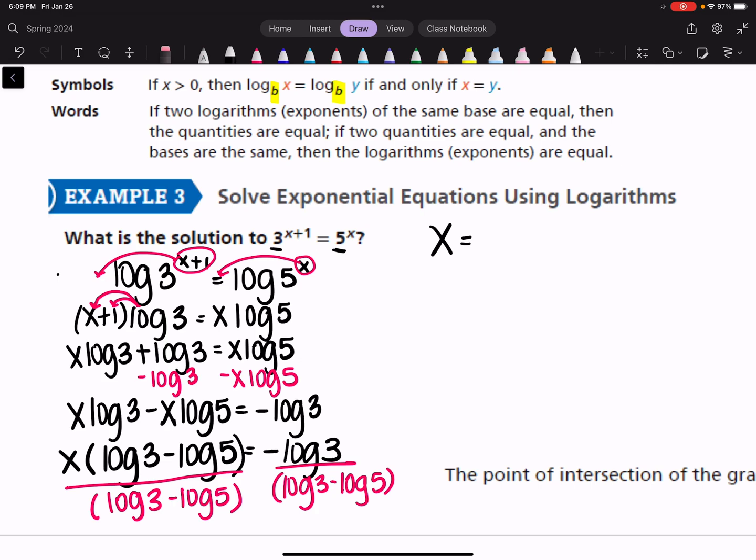So x is going to be equal to negative log of 3 divided by log of 3 minus log of 5. Okay? And all of that you can evaluate in your calculator. Right? If you want to use Desmos or your graphing calculator, any of those work.